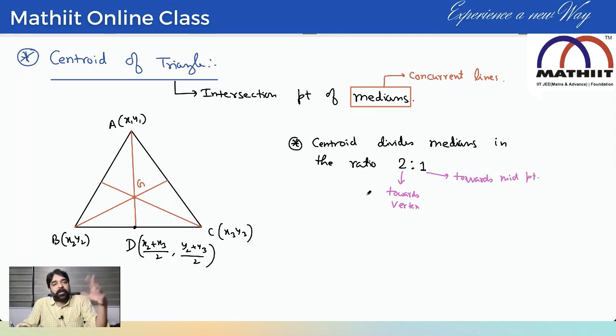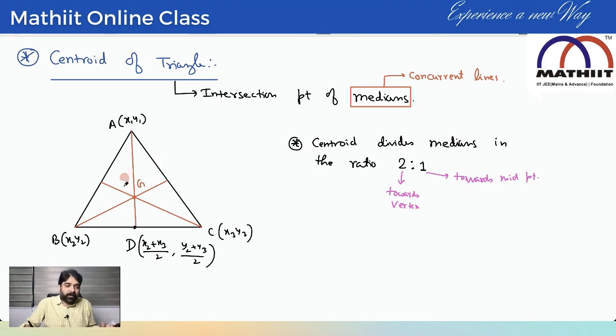Generally, people remember 2:1, but they tend to forget where is the 2 and where is the 1. So G divides any median, this median or this median or this median, always in the ratio 2:1. But which side 2 and which side 1? I said the key is that 2 will be on the vertex side.